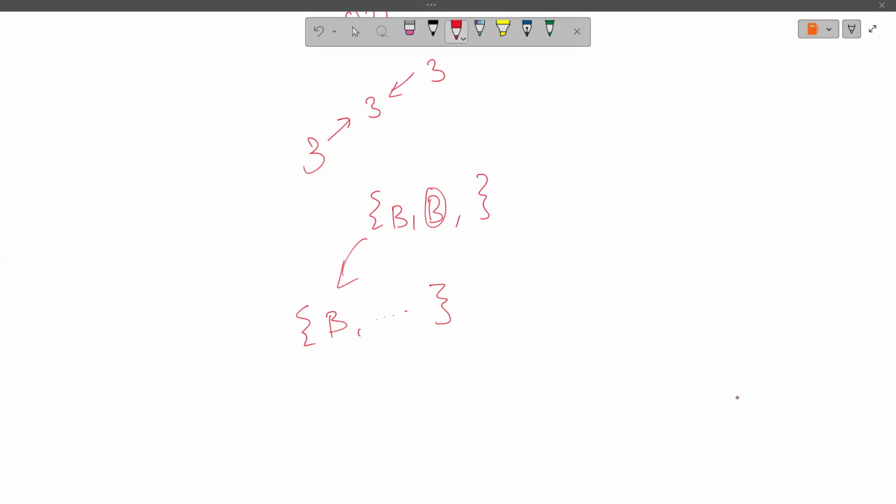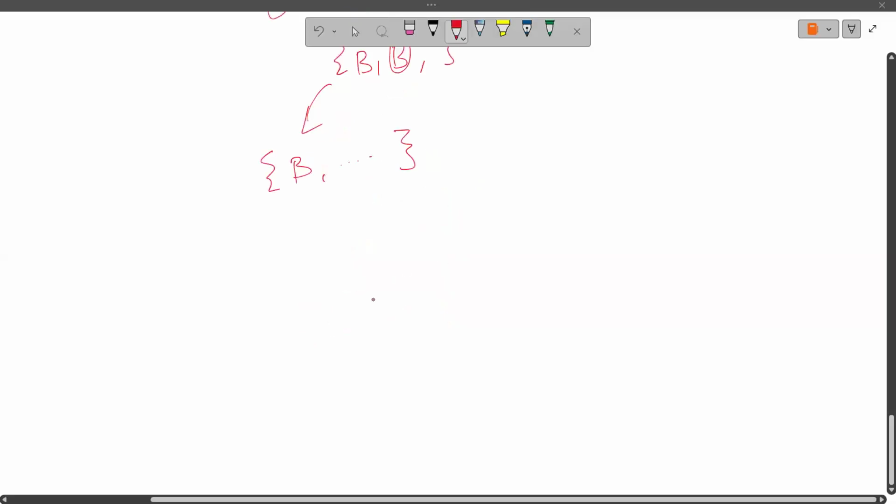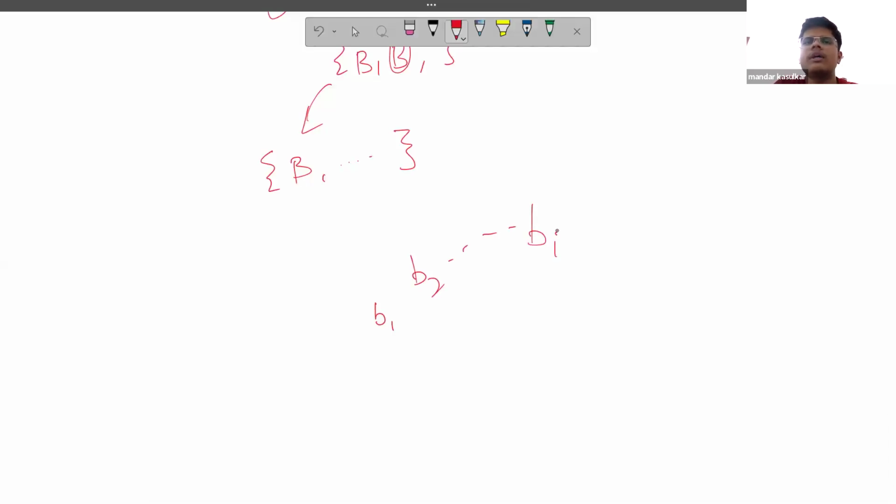Let's look at the string with, suppose, a string goes from i to i plus k. You have person one through person i, and they have B1, B2, Bi B tracks.